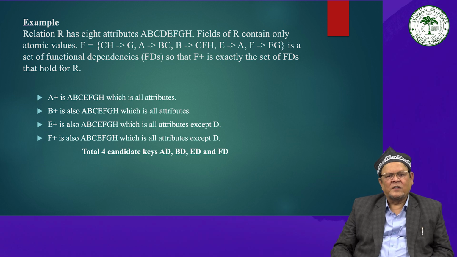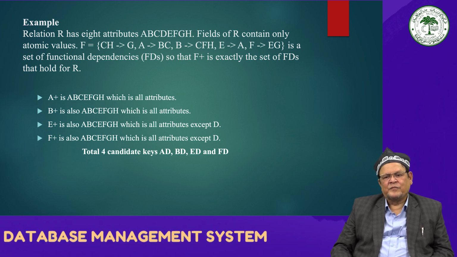The functional dependencies are CH determines G, A determines BC, B determines CFH, E determines A, F determines EG. This is a set of functional dependencies so that F plus is exactly the set of functional dependencies that hold for R. So what should be the steps for this?